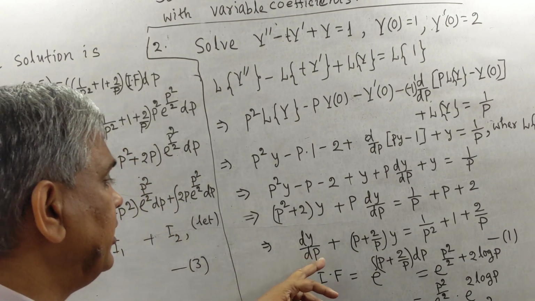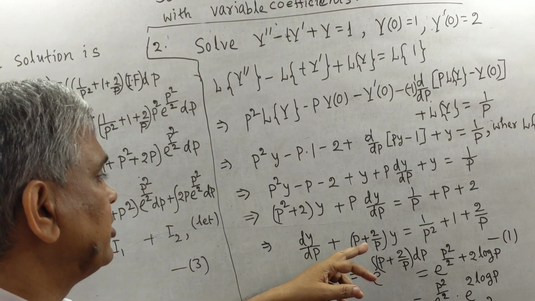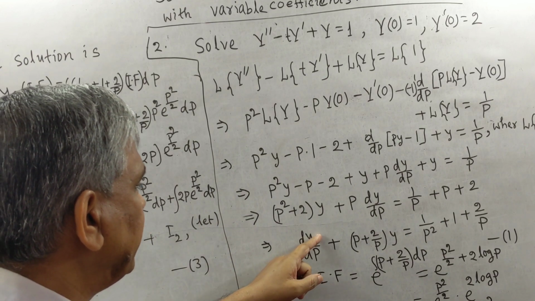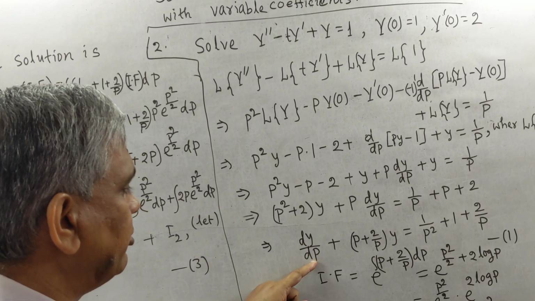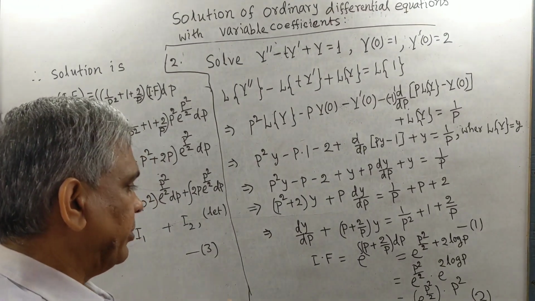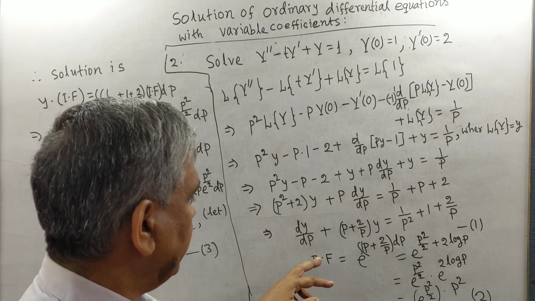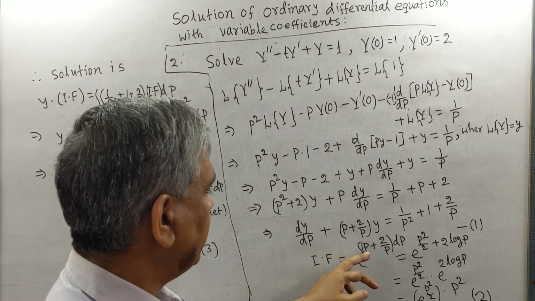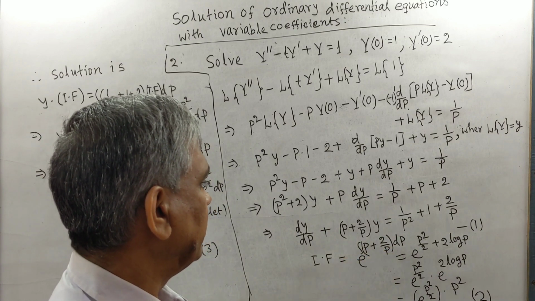So this is a linear differential equation of first order. Here the dependent variable is y and the independent variable is p. So we have to find the integrating factor. Here the integrating factor is e to the power integration of the coefficient of y dp.